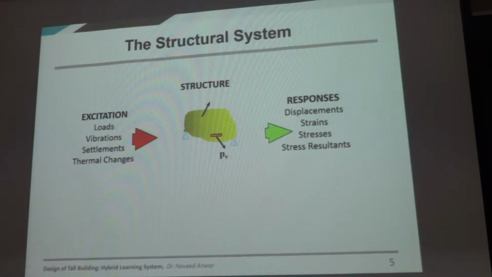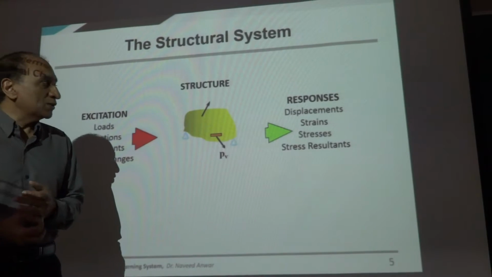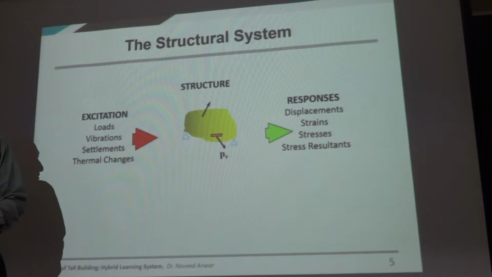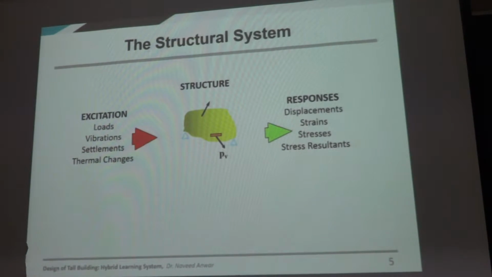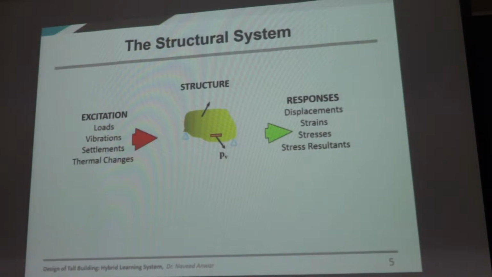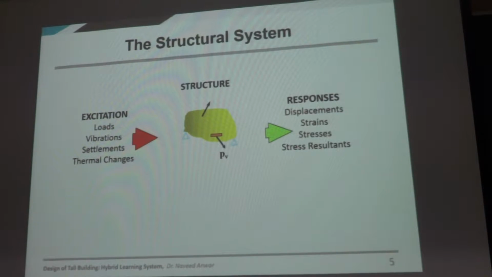And what is the response from a structure? Displacement, strains, stresses, stress resultants, forces, something. That is the way the structure will respond. When a patient is not responding, the doctors look at the pulse, they look at some vital indicators, and if those indicators are not there, that means something is wrong. Structures are exactly the same.